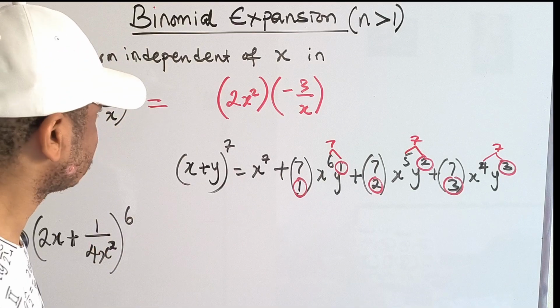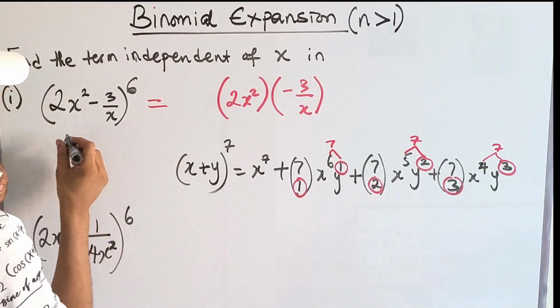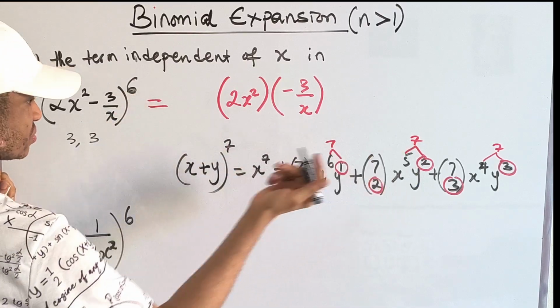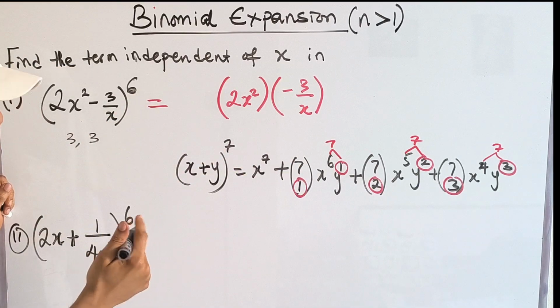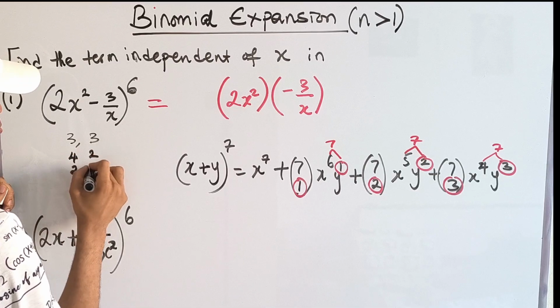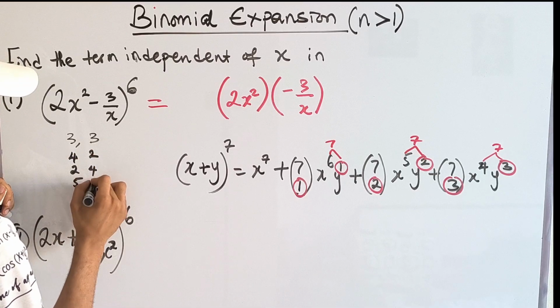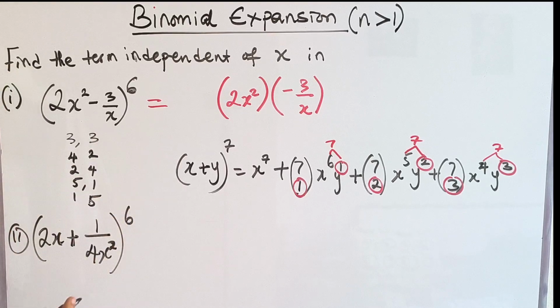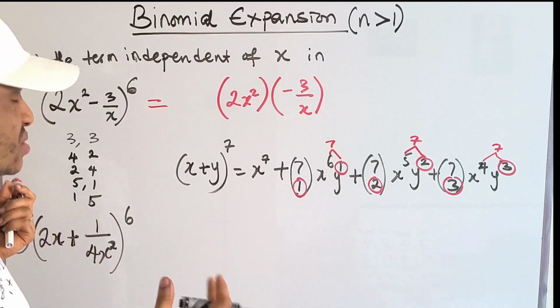So let's think together. 6: 3 and 3 gives me 6. I need the sum of the numbers to give me 6. That is binomial expansion anyway. So 4 and 2, 2 and 4, 5 and 1, 1 and 5. It cannot be 6 and 0.